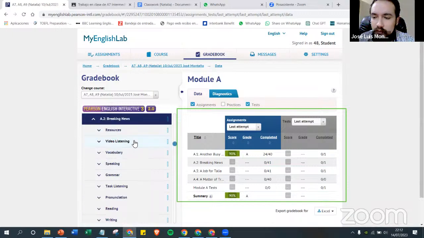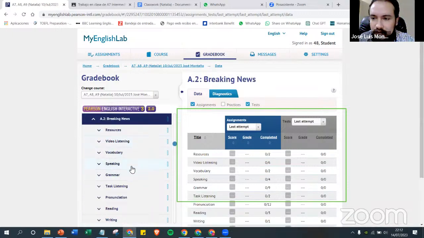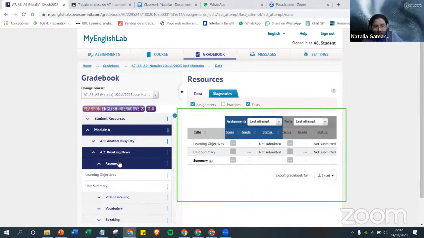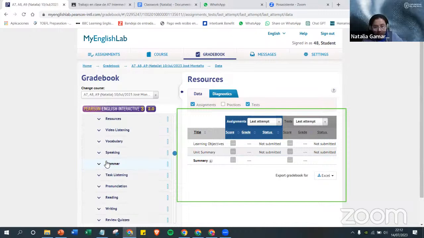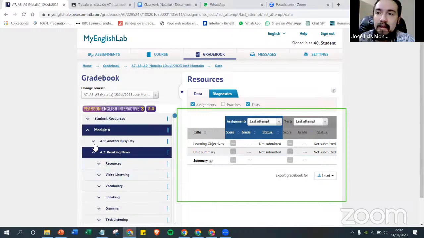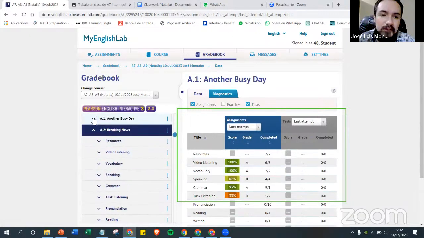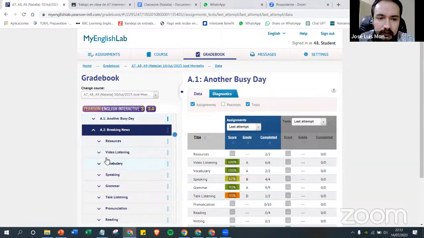Let me see the date: Wednesday the 26th. But remember, we have 2 units per each 2 classes. So if you open that one, all of that, if you stay in unit 1 or unit 2, it doesn't matter. Let's just stay in unit 1. Unit 1.